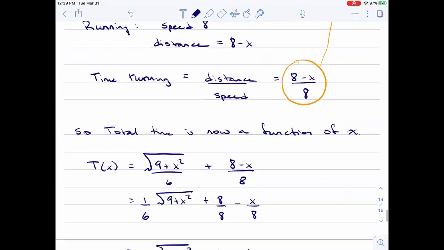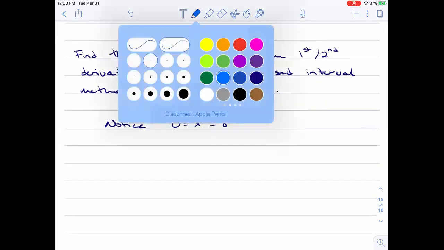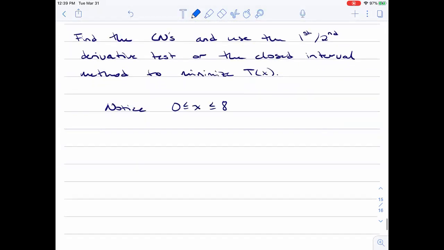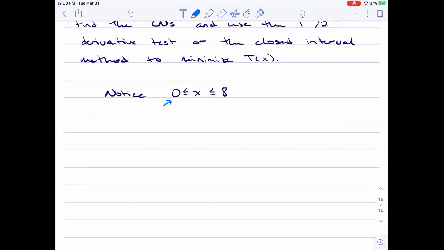So x has to be between 0 and 8. If x is 0, that would be if we row straight east. And if x is 8, that means we row the whole distance.